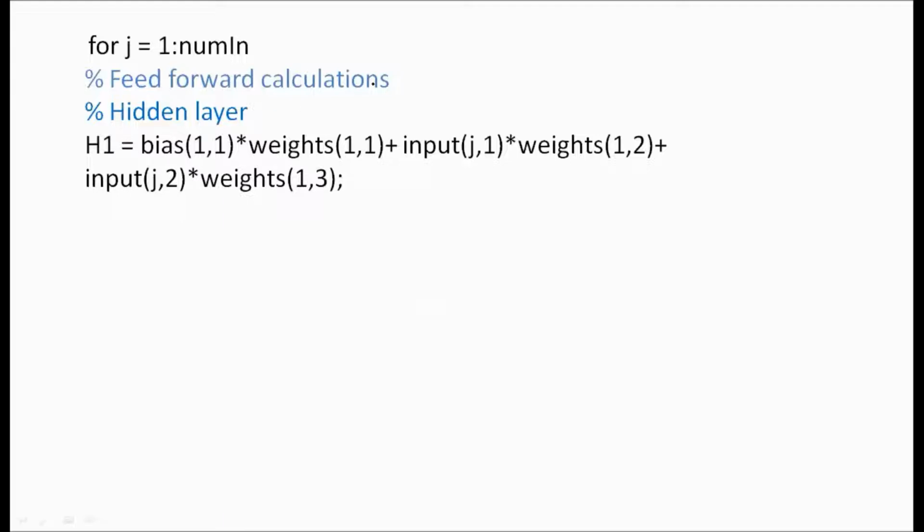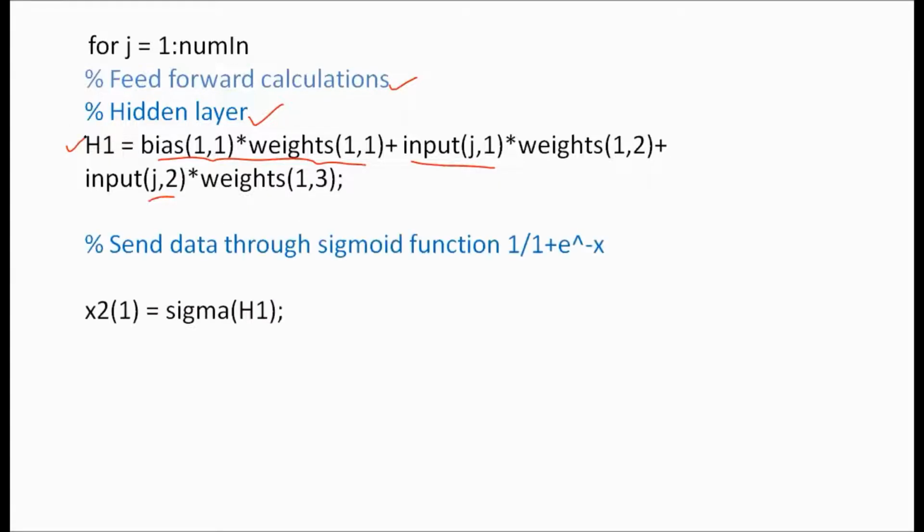Feed forward calculations are performed for each input. So H1 is equal to bias multiplied by weight, plus the first input, x11, into the corresponding weight, plus the second input, x12, into the corresponding weight. So we find the hidden layer output H1, and we pass it through the sigmoid function. This sigma function should be written in a separate .m file, which we will discuss.